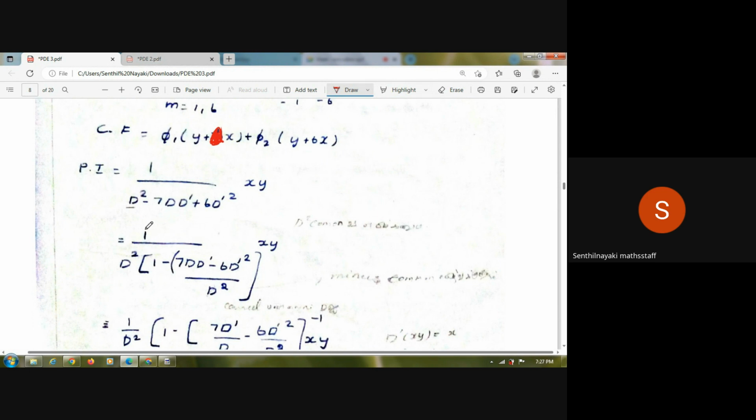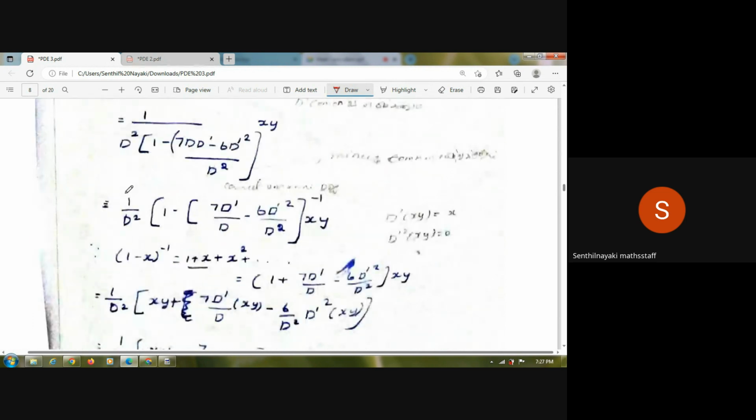So what will we get? 1 by d square into 1 minus, taking the minus sign as a common term, this term is plus and this term becomes minus: 7d d dash minus 6d dash square by d square into xy. Dividing these two terms, d gets cancelled: 7d dash by d, and 6d dash square by d square.